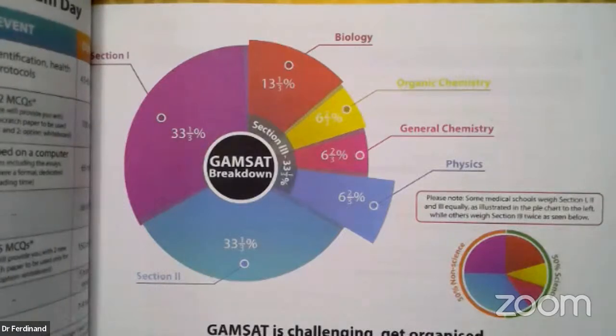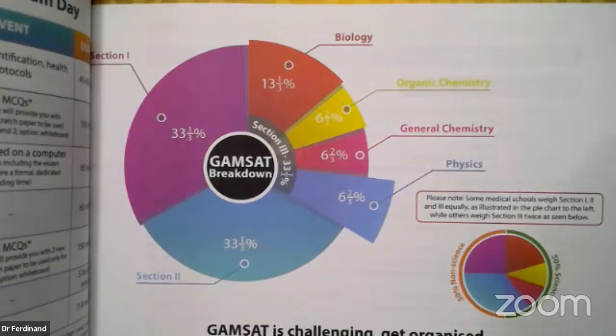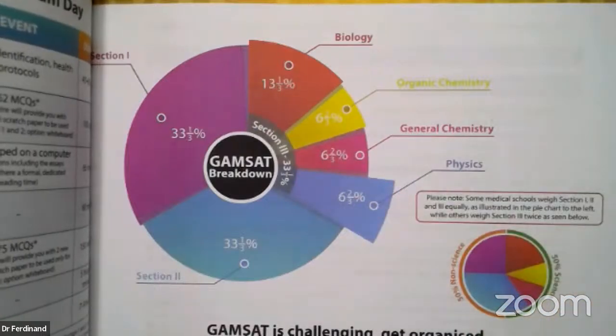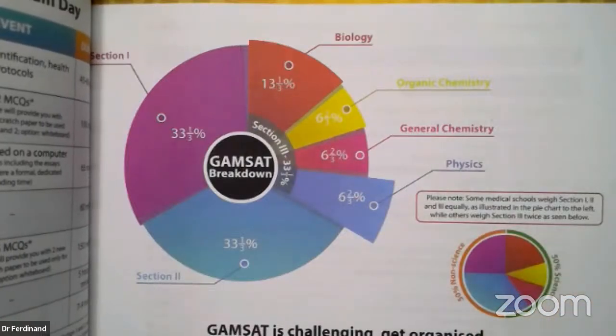And later in other webinars that will be taking place in the weeks and months to come, we'll also be examining biology, and you will also see that most of the biology questions are based on graphs, tables, diagrams, and mathematical relations.